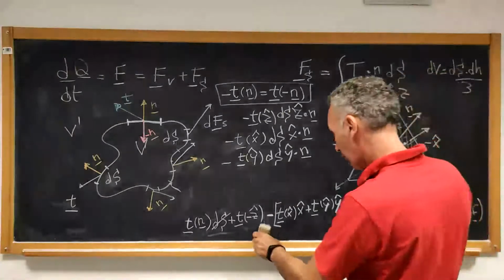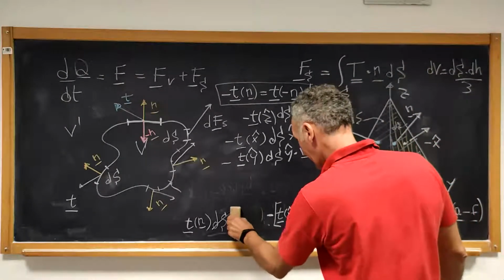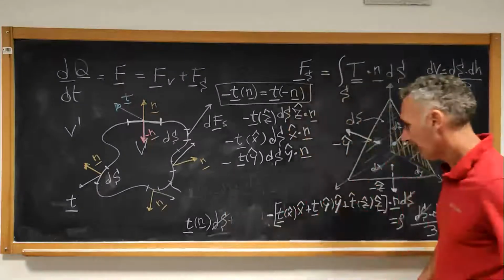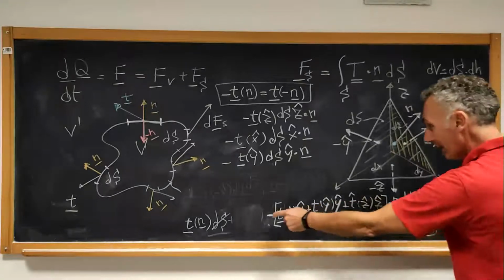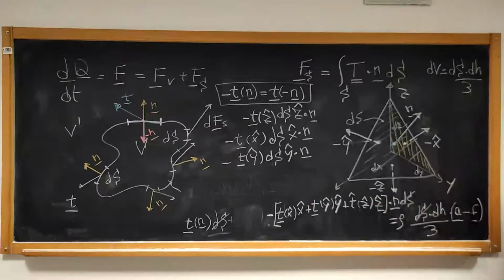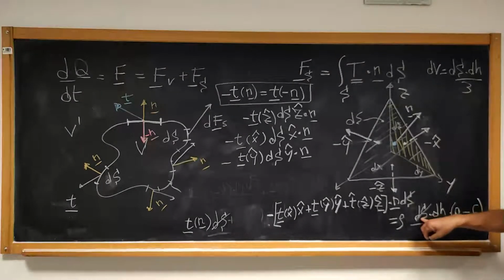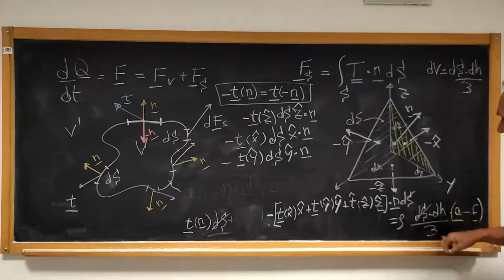Sorry, this should be cancelled out, of course. Doesn't affect this term as well, because here there is no trace of what is left, but the limit still affects this term, because as you can see, even if I cancel out ds, I still have dh divided by 3.